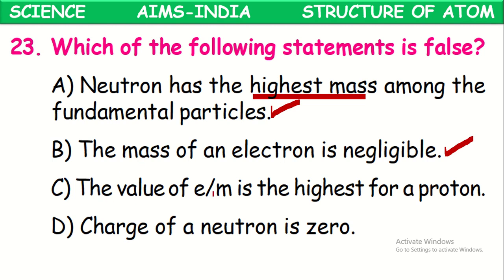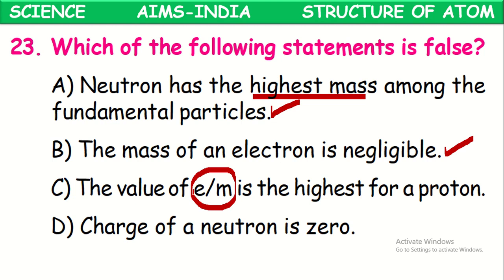Now, the value of e by m is highest for proton. The value of e by m is also called specific charge. Here e represents charge and m represents mass. So see, the charge by mass ratio will be greater for the particle with a small size. We know among the three fundamental particles, electrons have the very small size.